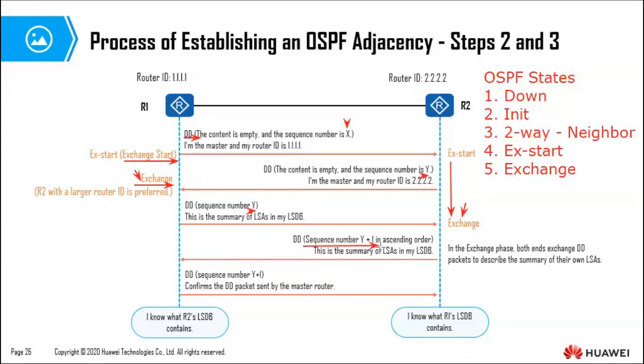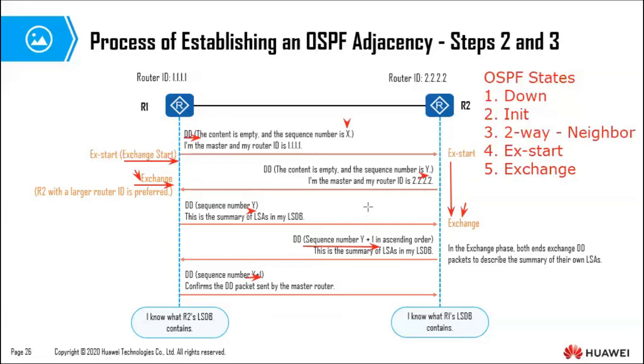It's going to be incremented by 1. So Y plus 1, like that, like that. Then this guy also sends, also increments plus 1, like that, like that. So by exchanging these summary LSAs, everyone will be able to know about the other person's LSA.